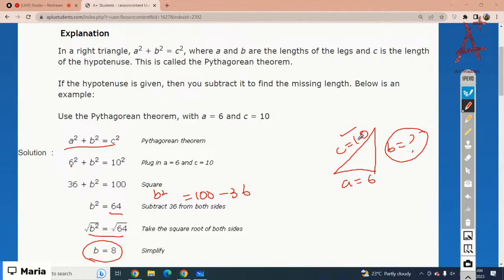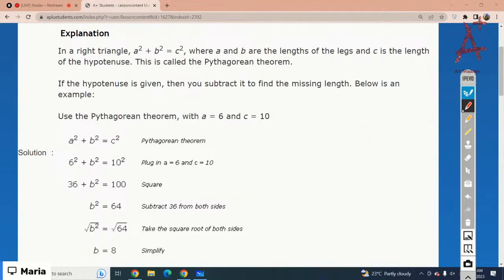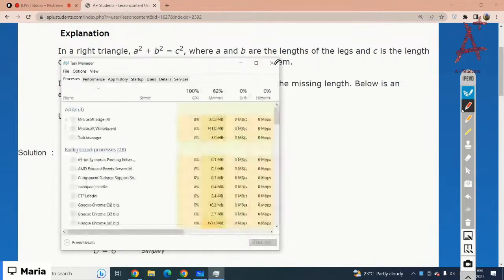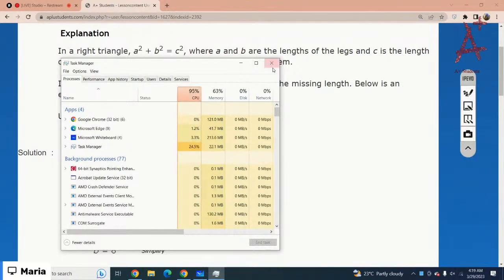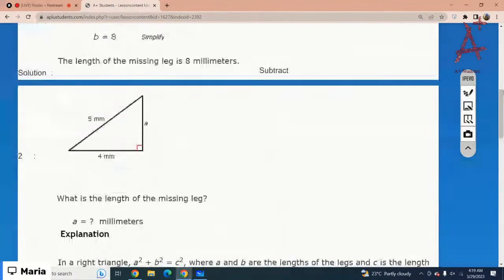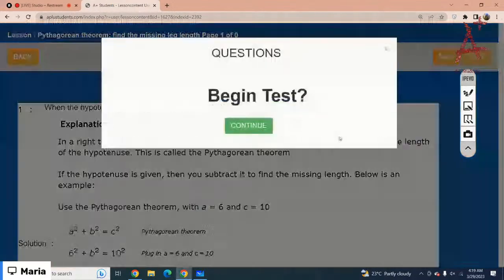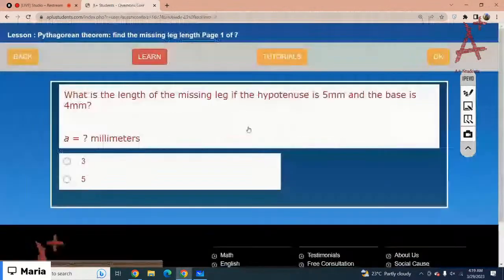Got it? Let's just start with the practice questions. Let's just start with the test questions. Okay, what is the length of the missing leg if the hypotenuse is 5 mm and the base is 4 mm?